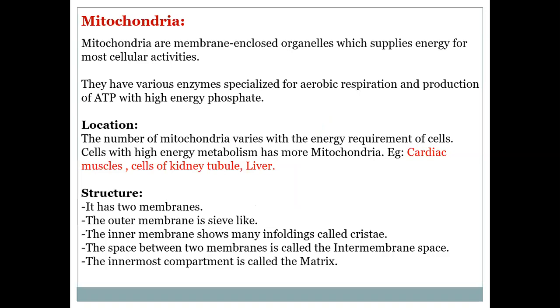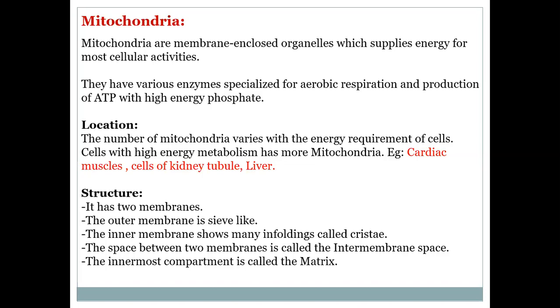Our whole body needs ATP, but the main sites are the liver, cardiac muscle cells, and cells of the kidney tubule. Those three organs perform their function continuously and need a lot of ATP. So a huge amount of mitochondria is present in those organs.